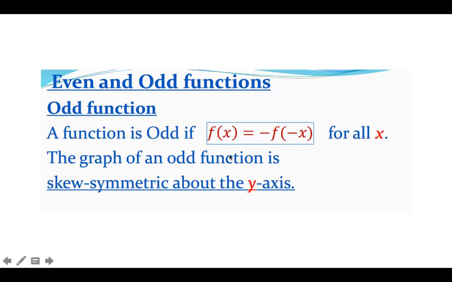In other words, it is both rotated around the y-axis and the x-axis, so it's rotated and flipped. So if f of 3 was 3, then f of minus 3 would be minus 3. So that's called skew symmetric.